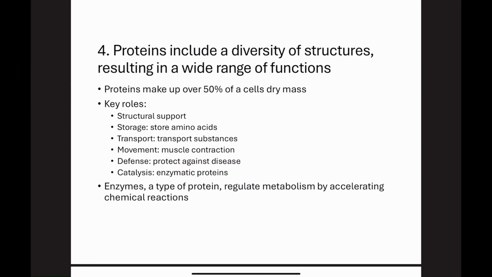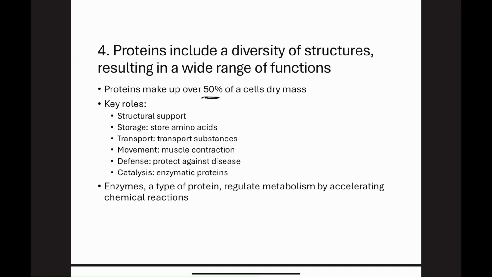Proteins have an extreme diversity of structures, and these differences in their structures result in a wide range of functions. Proteins are going to account for more than 50% of a cell's dry mass. They are so instrumental in almost everything that an organism does.